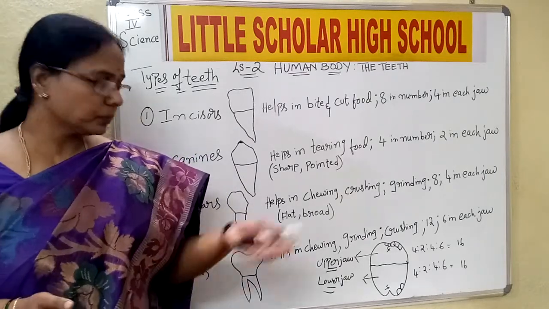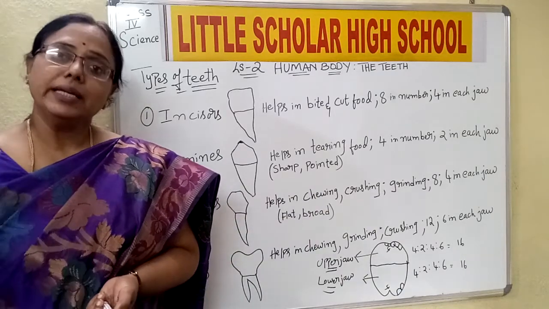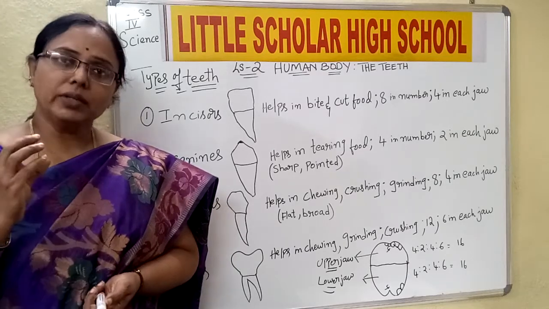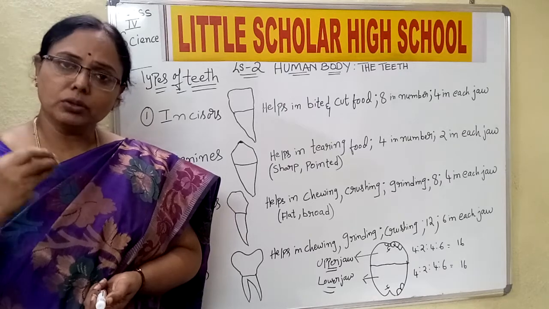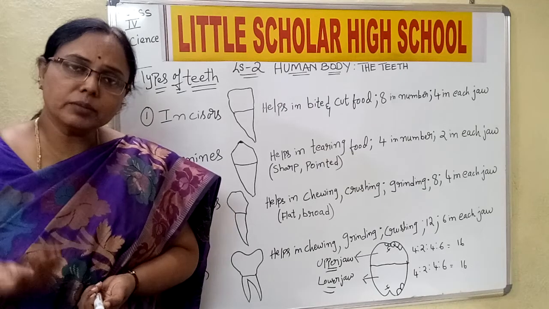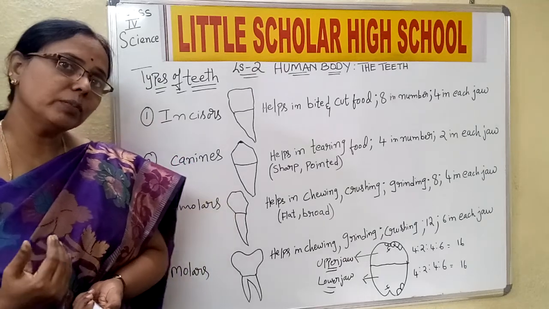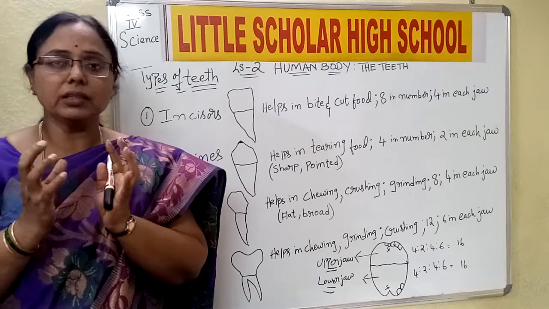Yes or no? So for all the nutrients to get absorbed into our blood, whenever we put the food into the mouth, we have to make the food particles into smaller pieces and mix them with the saliva, and only then swallow. You should also allocate some time for eating the food.